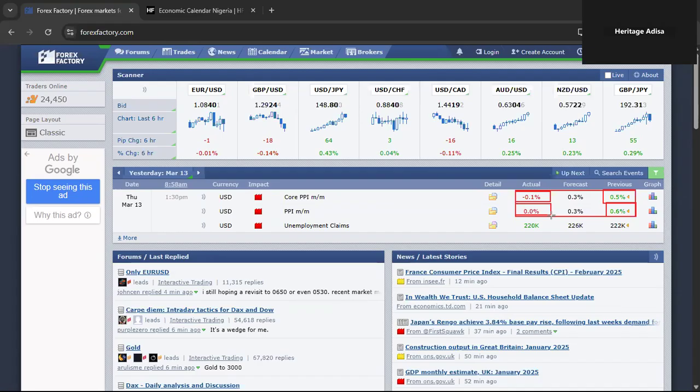Also, at the same time, producer price index is lower in the US, which means naturally inflation is down right now in the US, which means at no point are we currently expecting that the Federal Reserve is going to be looking to hike interest rates.